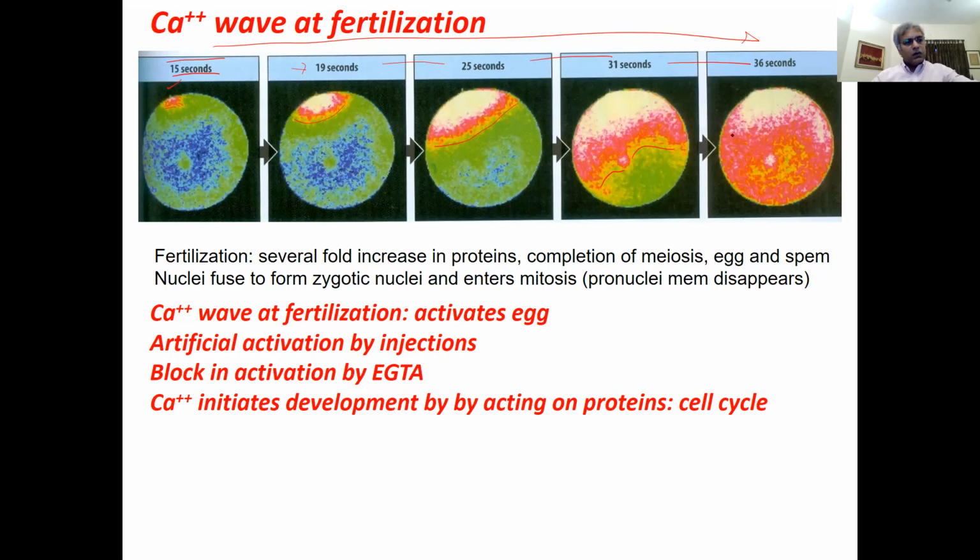Now, you can think of experiments which prove that calcium ions are really important for the process of fertilization. So we call this activation of the egg. This calcium wave is an indicator of egg activation.